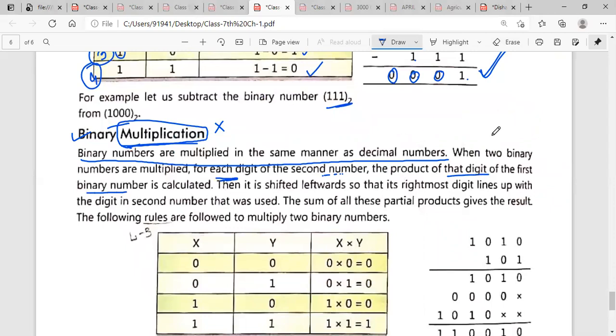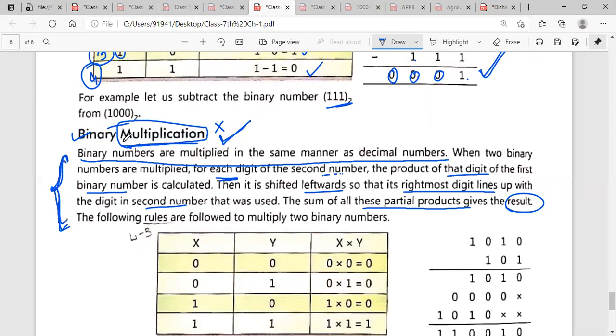It is shifted leftward so that its rightmost digit lines up with the digit in the second number that was used. The sum of all these partial products gives the result. Now, what is the whole process of this multiplication?